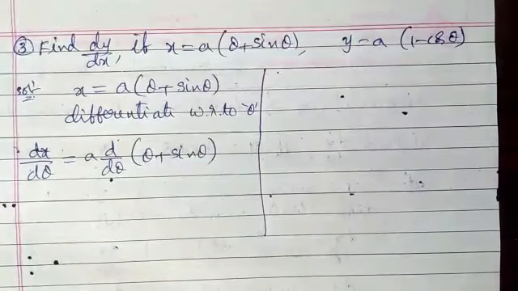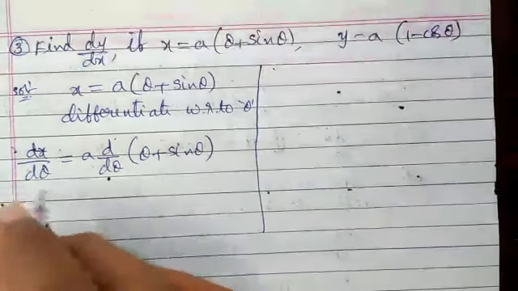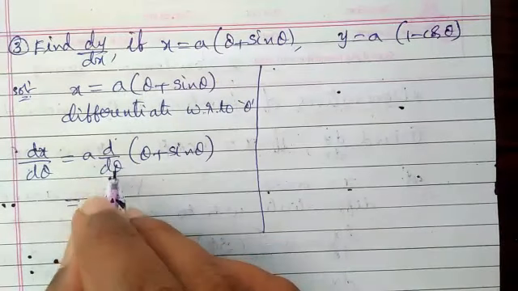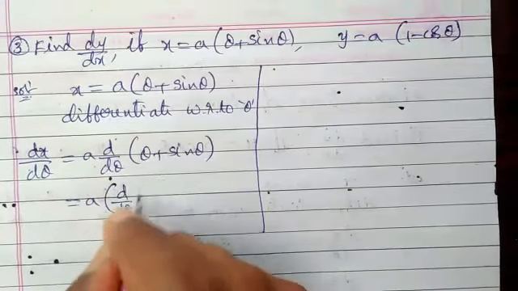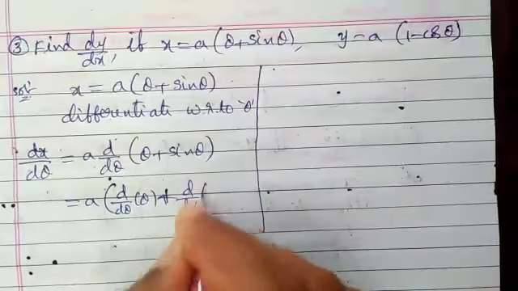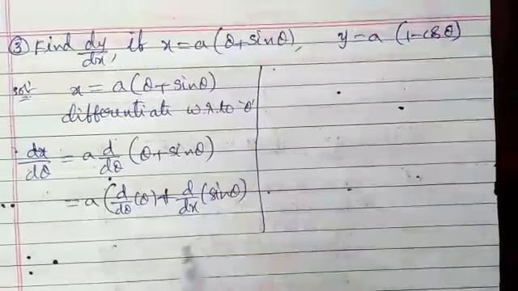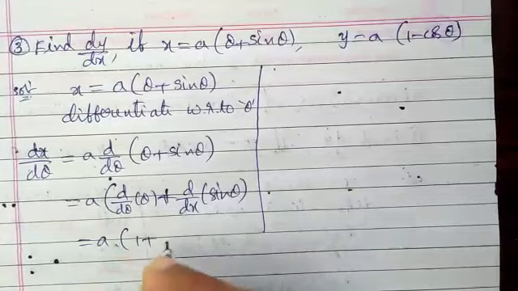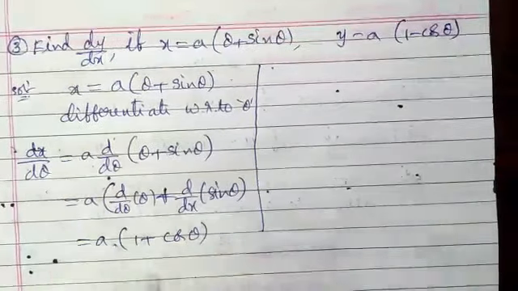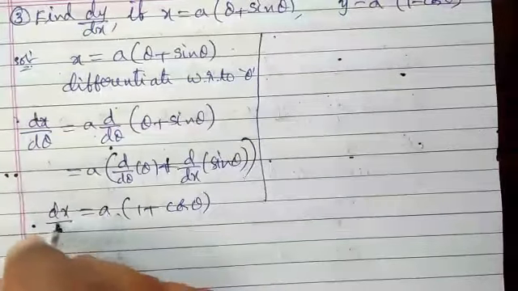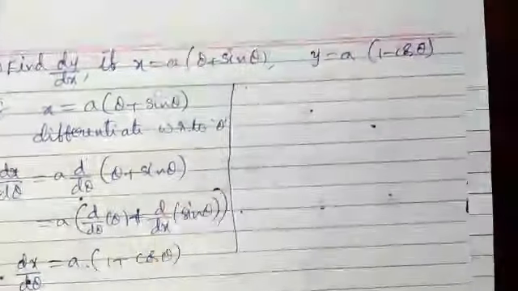That is a into d by d theta of theta plus d by d theta of sine theta, which is a into 1 plus cos theta.